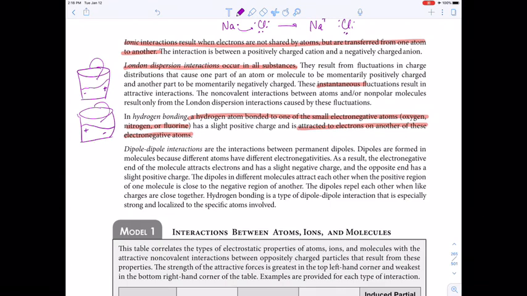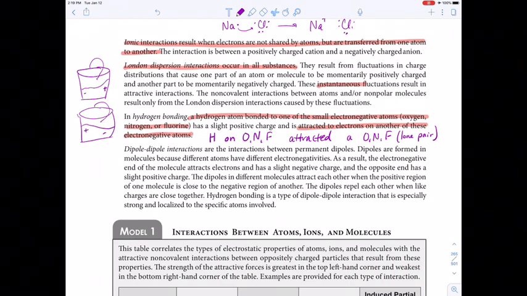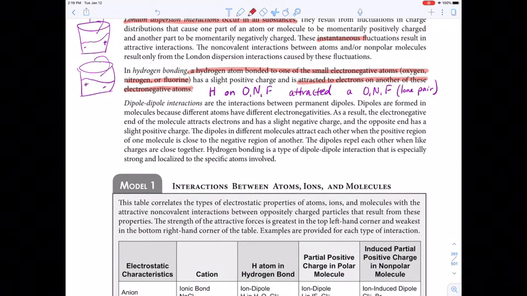So for hydrogen bonding, you need a hydrogen on an oxygen, nitrogen, or fluorine, and that's going to be attracted to an oxygen, nitrogen, or fluorine lone pair. Okay, we'll see an example of that here in a little bit. So you have to have a hydrogen on an oxygen, a nitrogen, or fluorine. That hydrogen is then attracted to another oxygen, nitrogen, or fluorine, the lone pair on that.